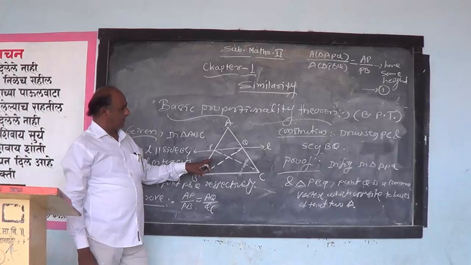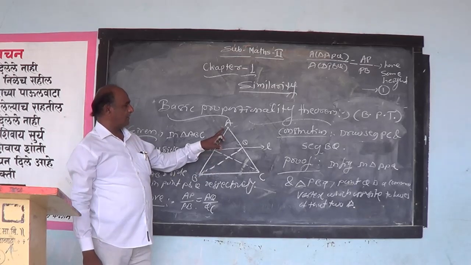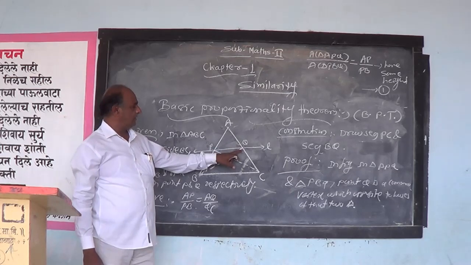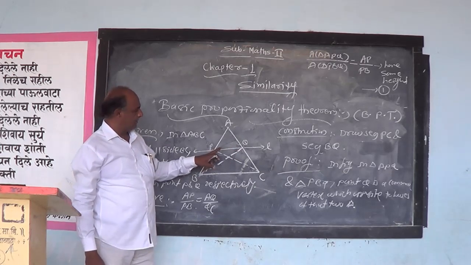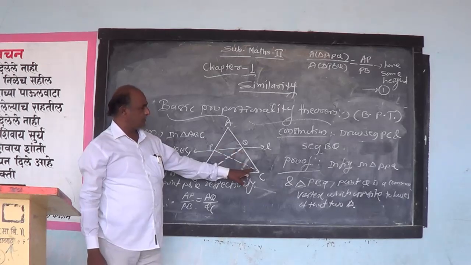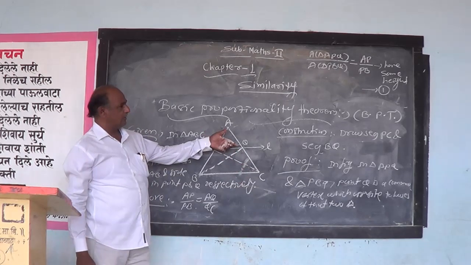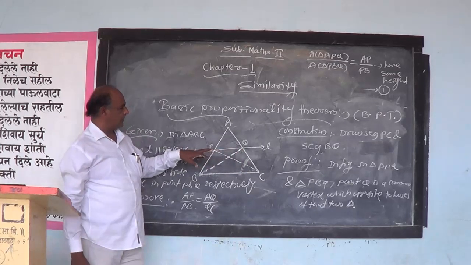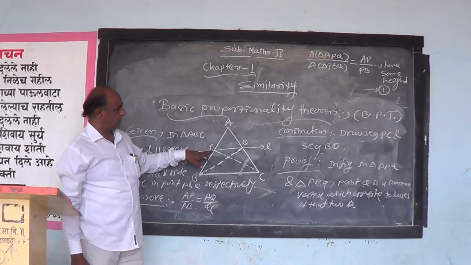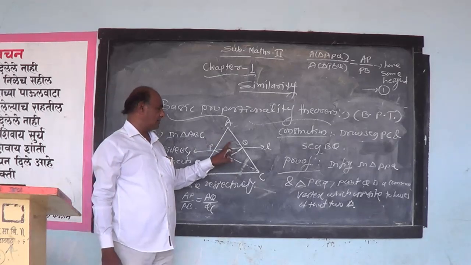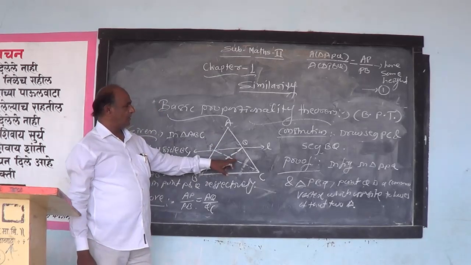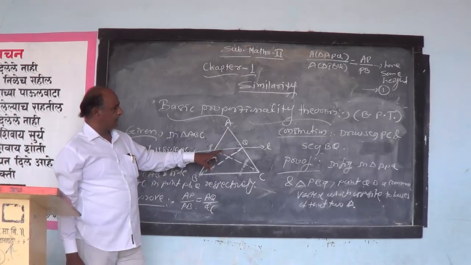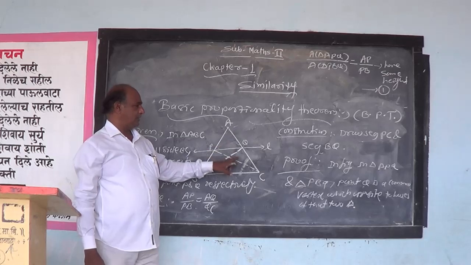And also in this figure, there are another two triangles, triangle APQ and triangle PQC. The bases of the two triangles are: first triangle base AQ, second triangle base QC, and the opposite vertex P is a common vertex. Therefore, the heights of the two triangles are the same, and therefore the ratio of the areas of the two triangles is equal to the ratio of their bases.